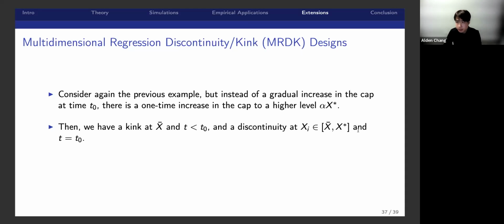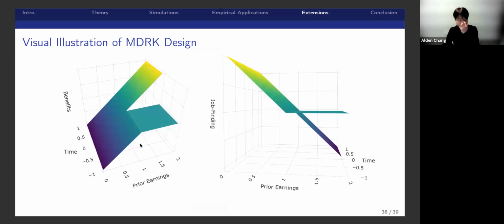And this discontinuity occurs at time t0, at the time of the policy change. Visually, what this looks like is this. You can see that there's the kink as before, but here at the time of the policy change, t0, there's a discontinuity in benefits.